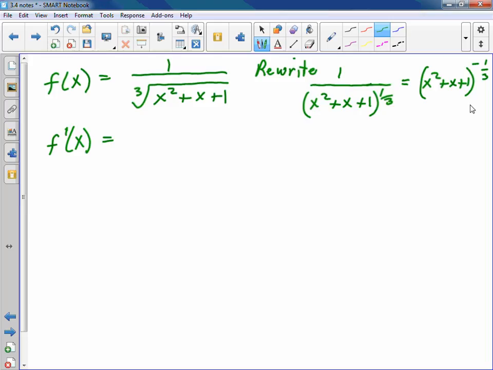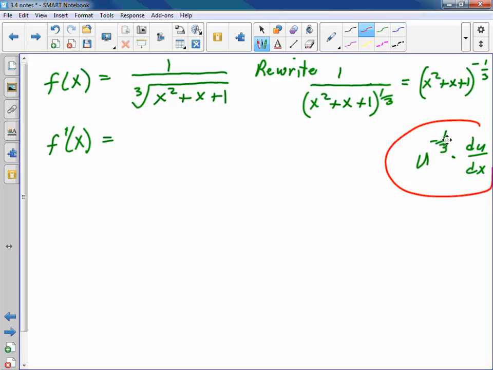So it might help if you think about it like u to the -1/3 times du/dx. Let's think about it like that, okay? So if you were just doing the derivative of this part, Branson, help me out.